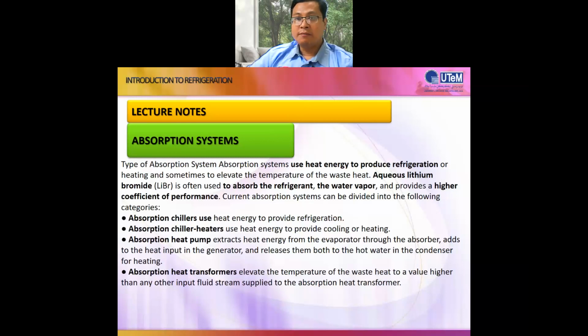They use a chemical called aqueous lithium bromide, or LiBr for short. It is often used to absorb the refrigerant from the water vapor and provide a higher coefficient of performance. Once used, they capture and crystallize the refrigerant, and then the refrigerant is separated from the water.